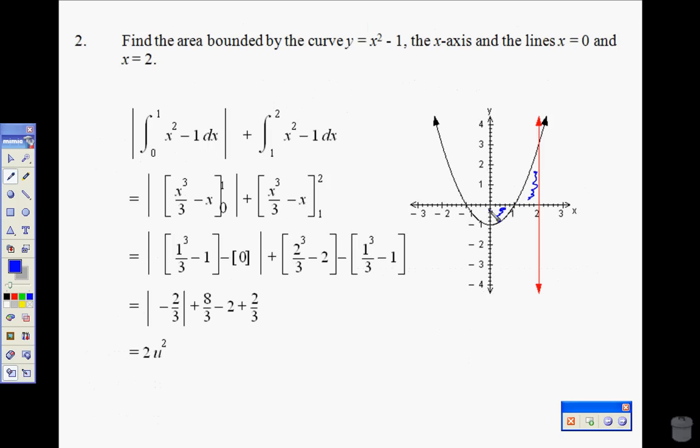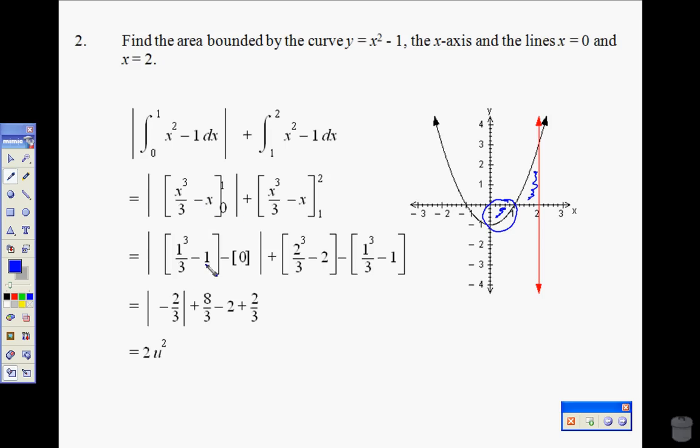Now, on my diagram, I can see that this area here is going to give me something negative. So if I go from 0 to 1, I'm going to take an absolute value around that part of the area. And from 1 to 2, that's just going to be positive, so that's not a problem. I do the integration, x cubed on 3 minus x, with limits 1 and 0.